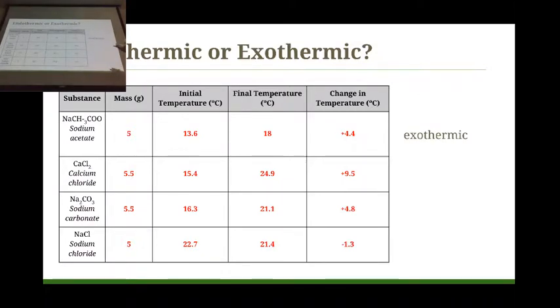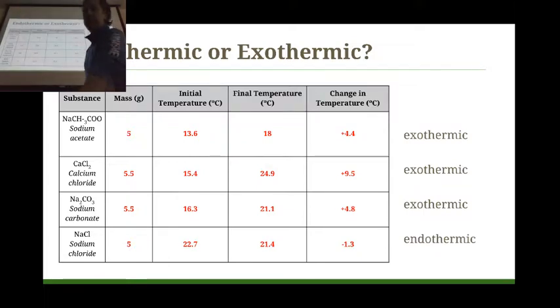In the case of the calcium chloride, the change in temperature was positive again. Exothermic reaction. In the case of the sodium carbonate, positive temperature change. Exothermic reaction. However, when the temperature change is negative, that is an endothermic reaction.